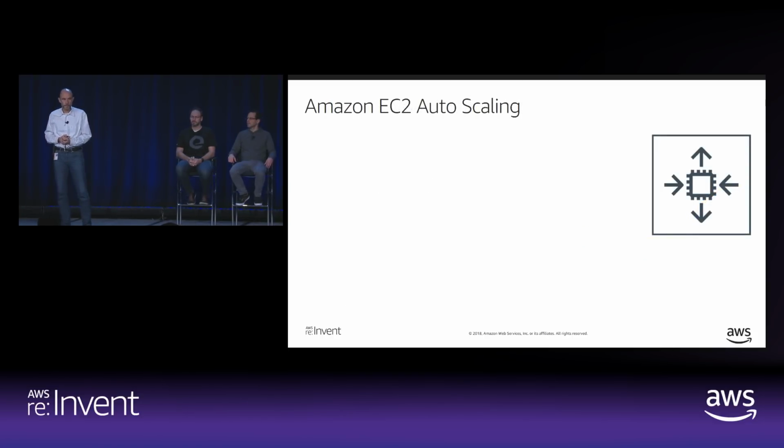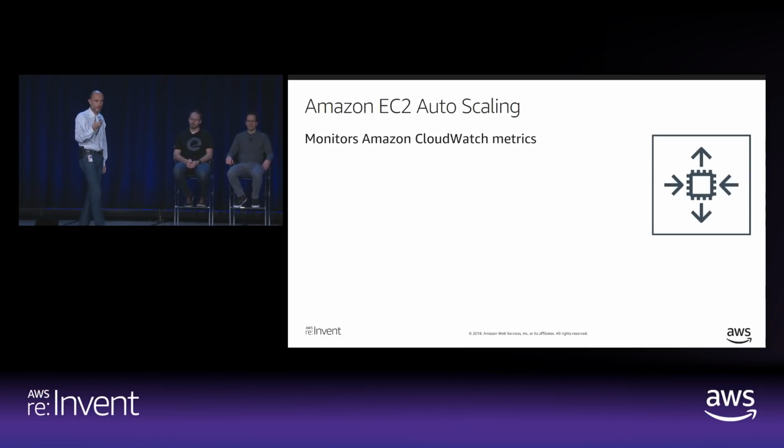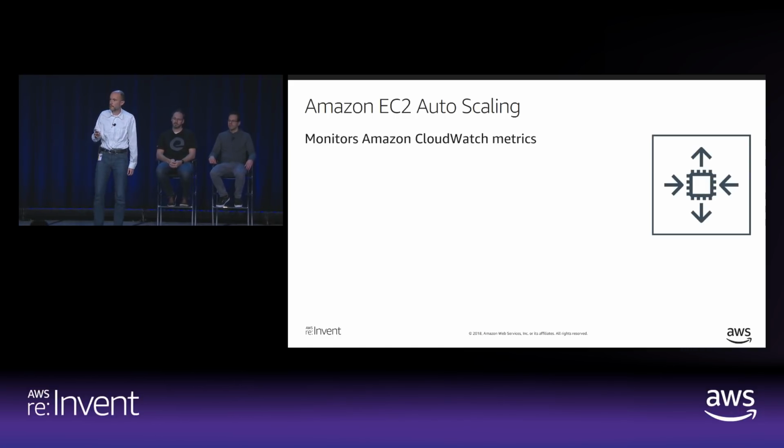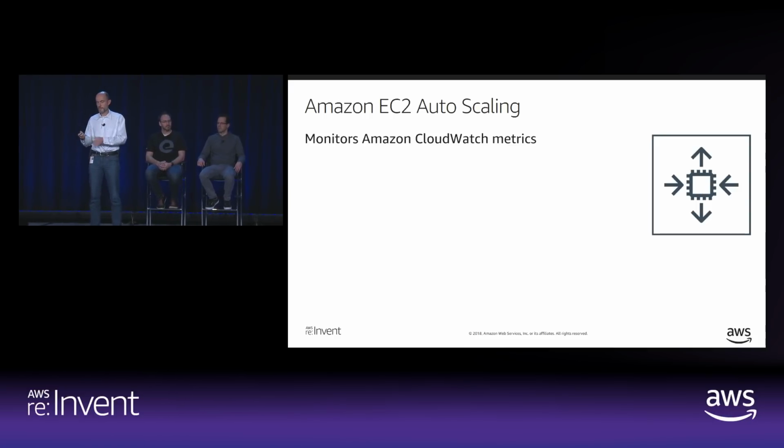So how does it work? Well, autoscaling uses Amazon CloudWatch to collect metrics about your running infrastructure, such as latency or CPU or other metrics. And it can use those metrics to get a feel about how much infrastructure you really need. And the other component of autoscaling is it automates the instance provisioning bit.